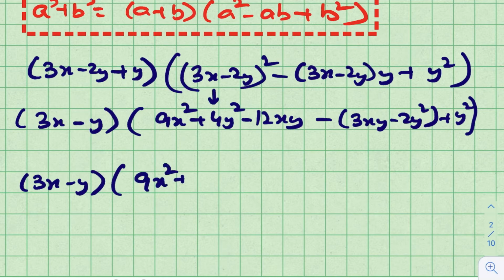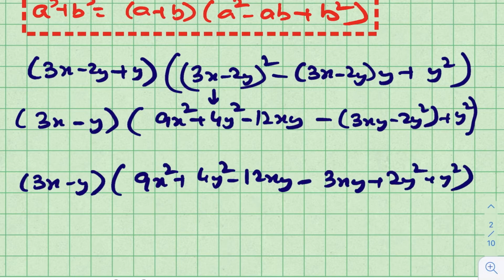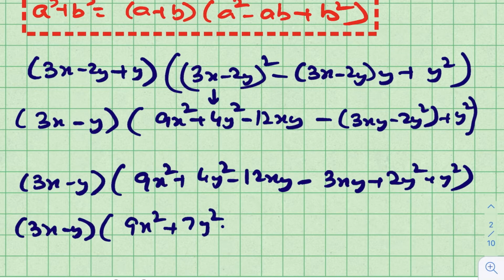If I open all the brackets, we can write this equation as... Therefore the most simplified form will be... this is the final answer.